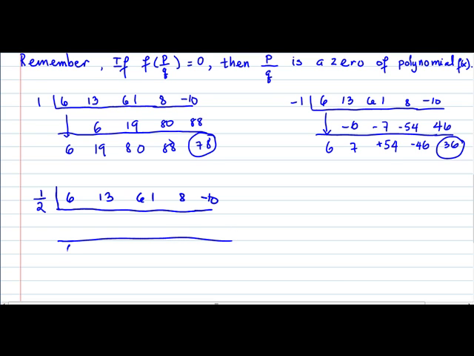I bring the 6 down. 6 times 1/2 is 3, plus 13 is 16. 1/2 times 16 is 8, plus 61 is 69. 1/2 times 69 is 34.5, plus 8 is 42.5. 1/2 times 42.5 is 21.25, plus -10 will be 11.25.